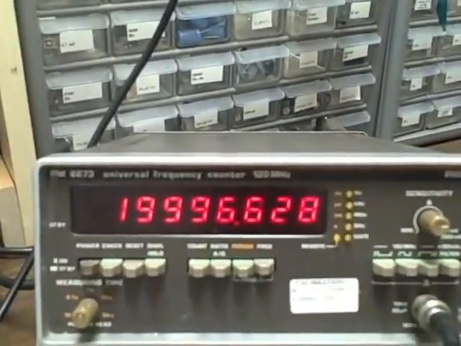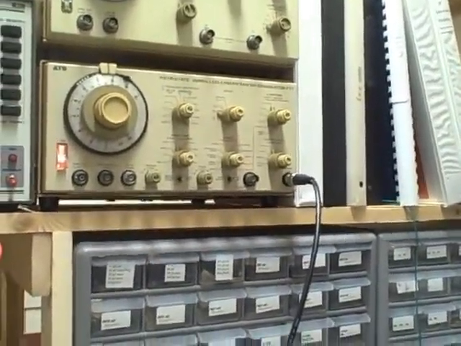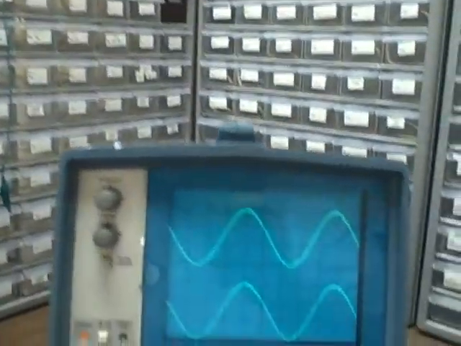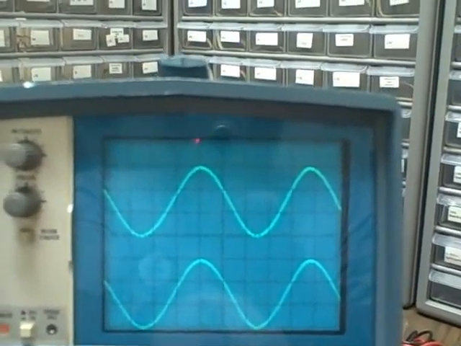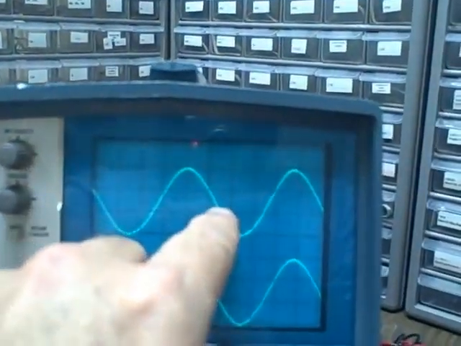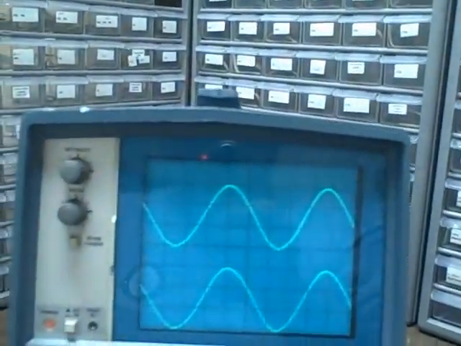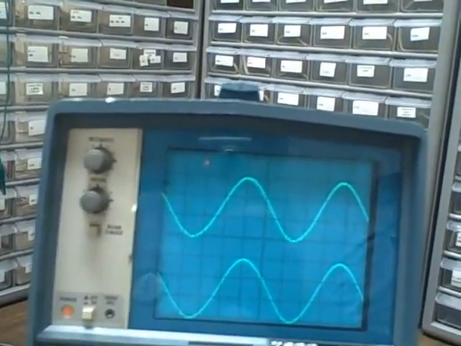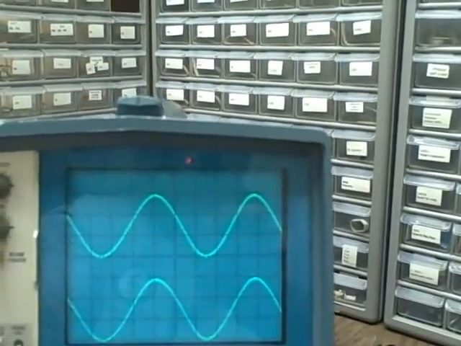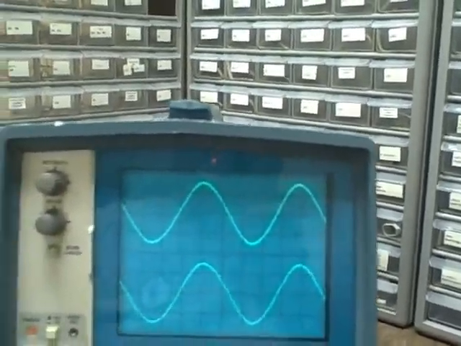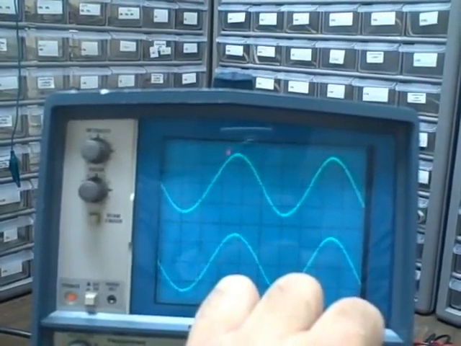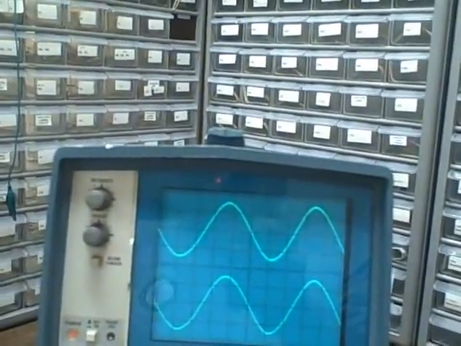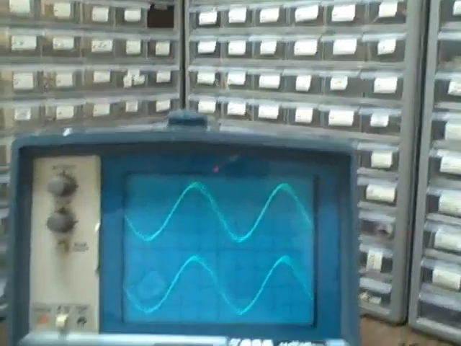Once again we have 20 megahertz coming out of our generator, which is a 20 megahertz generator maximum. And we see at 0.1 microseconds per division ×10, we see 2 cycles. Two full cycles, and that would be 20 megahertz.